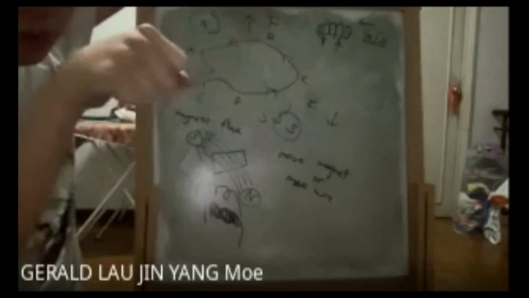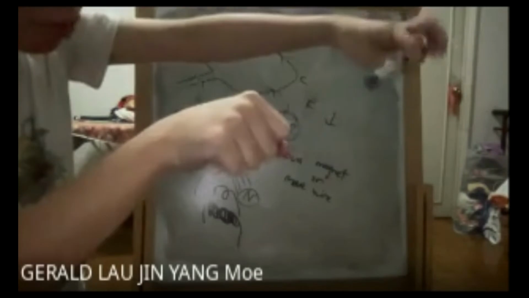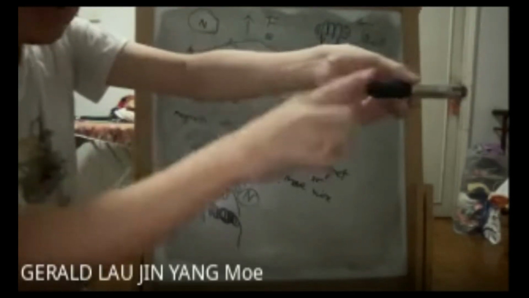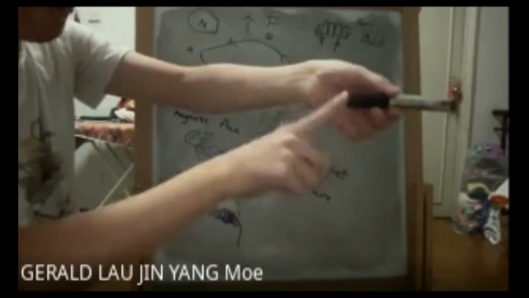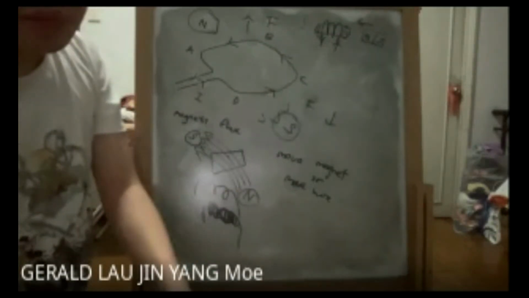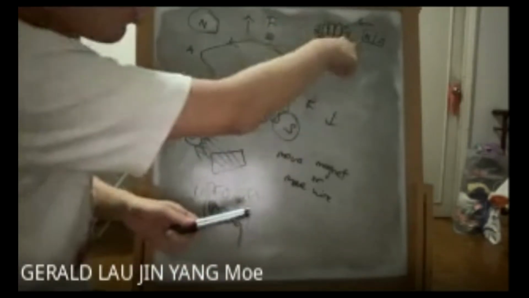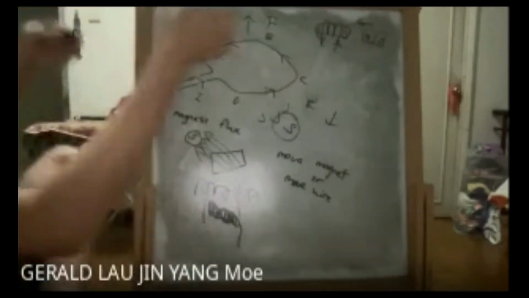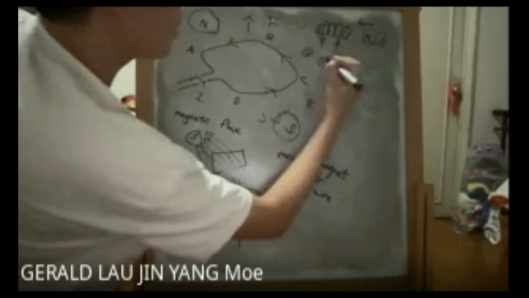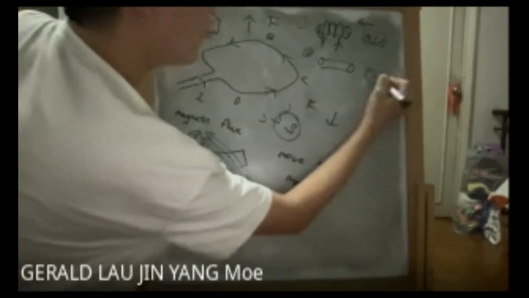My magnet, my north pole comes close, the solenoid will produce a north pole. Automatically here changes to north pole because I want to repel the magnet. Second situation, if the north pole, I move away.